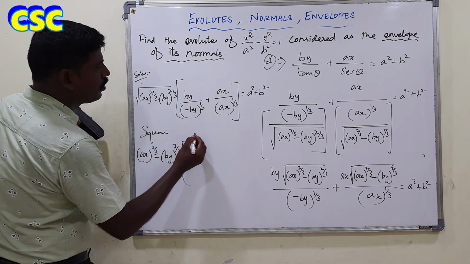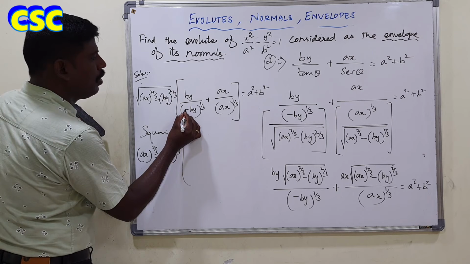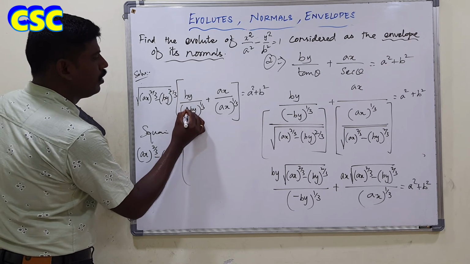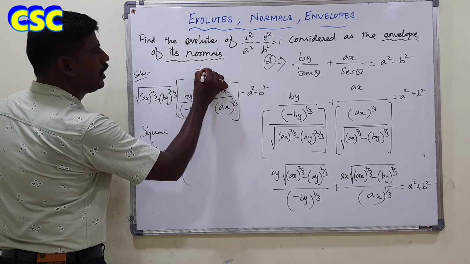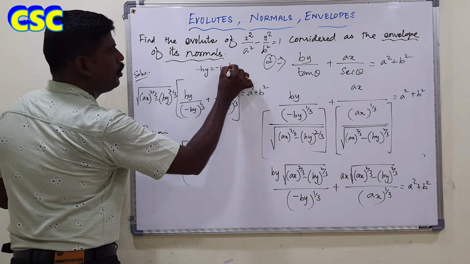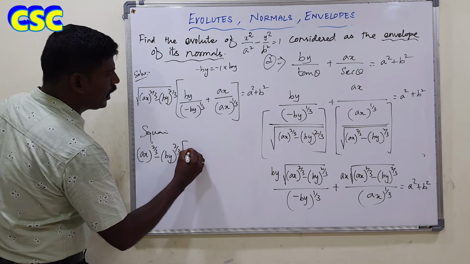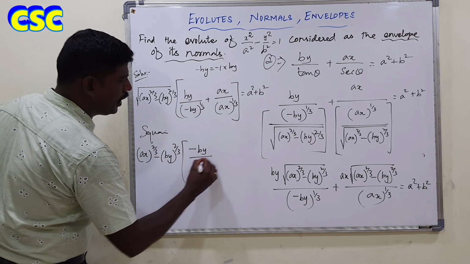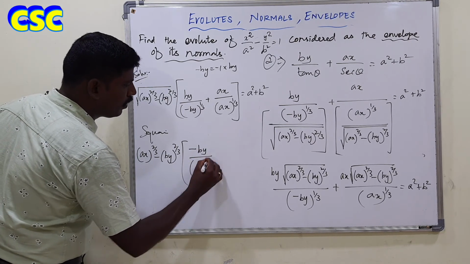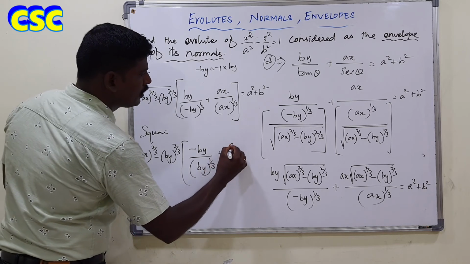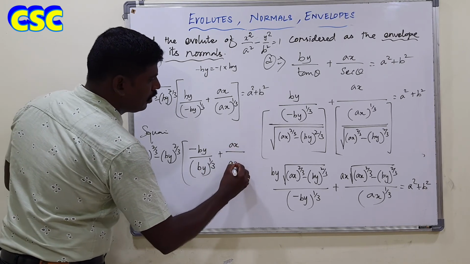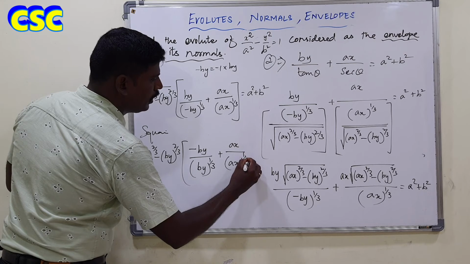So that minus 1 can be taken into the numerator. So this minus by can be written as minus 1 into by. This minus 1 power 1 by 3 is same as minus 1. So minus by to the power 1 by 3 plus ax by ax to the power 1 by 3.